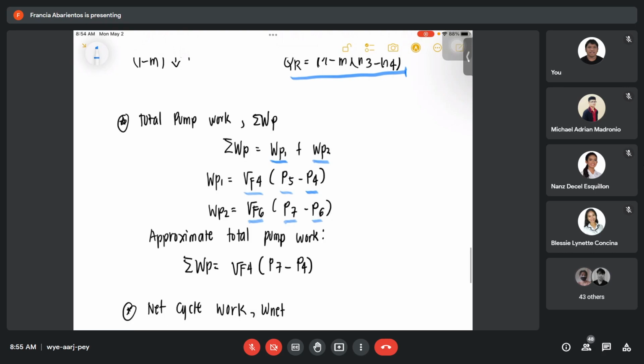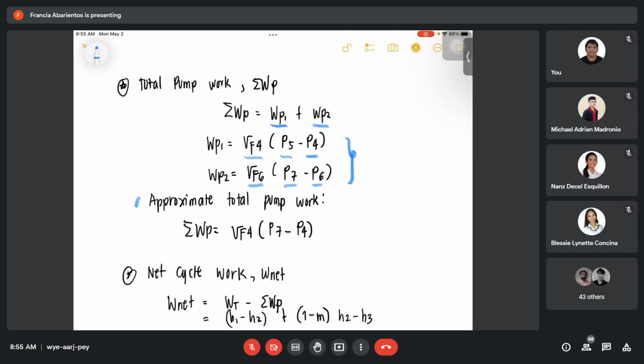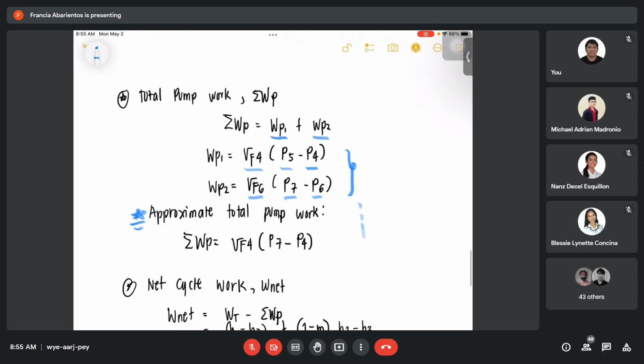So this is the equation that is usually used, but since this is an approximation, ito po class yung ginagamit kadalasan sa pag-compute for the total pump work of any given regenerative Rankine cycle. So the summation of the work of the pump, gagamitin na natin to. So sa TS diagram natin, ano yung pump natin ditong part. Okay, so this is now your feed water heater.